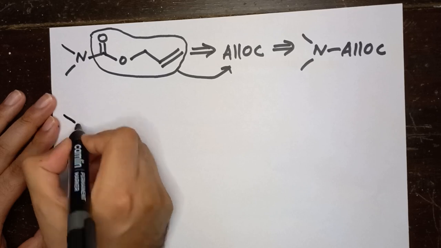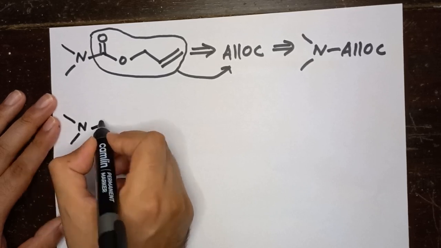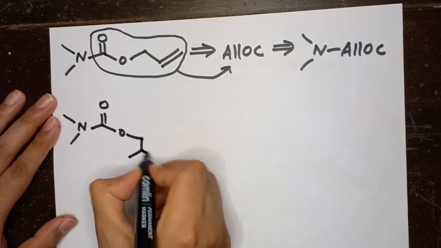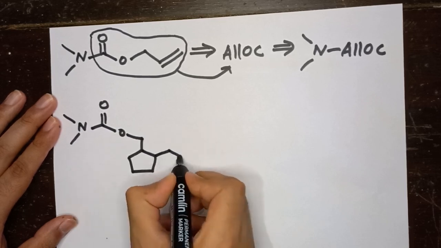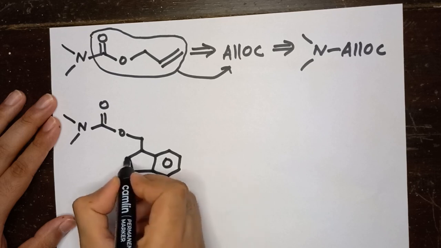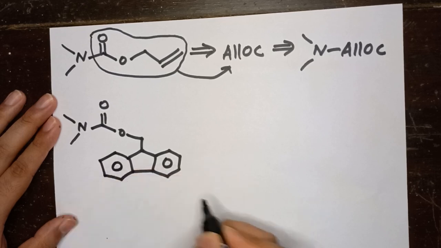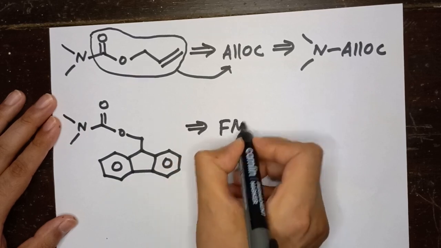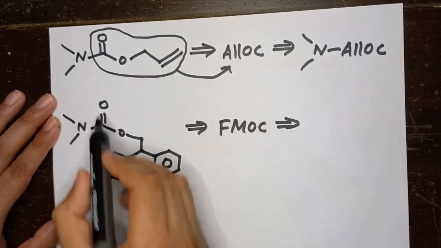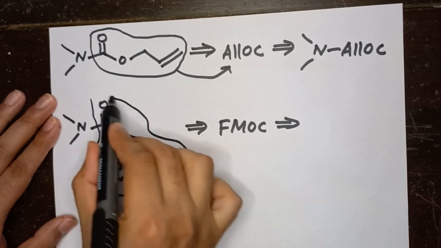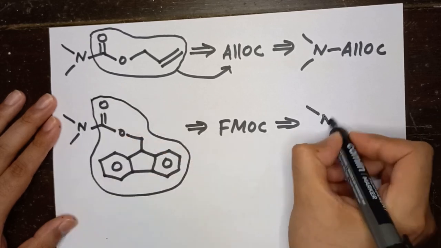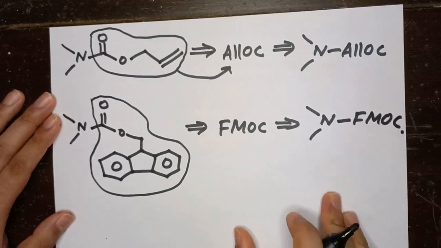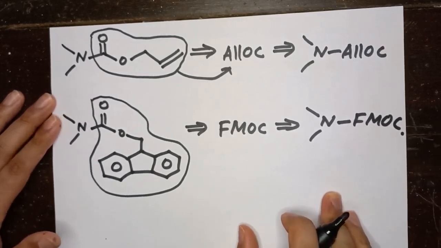Now suppose the R group here is, fine. So this time this is called the Fmoc protection, this whole group, and this can be represented as N-Fmoc. So now let's see all of them in detail.